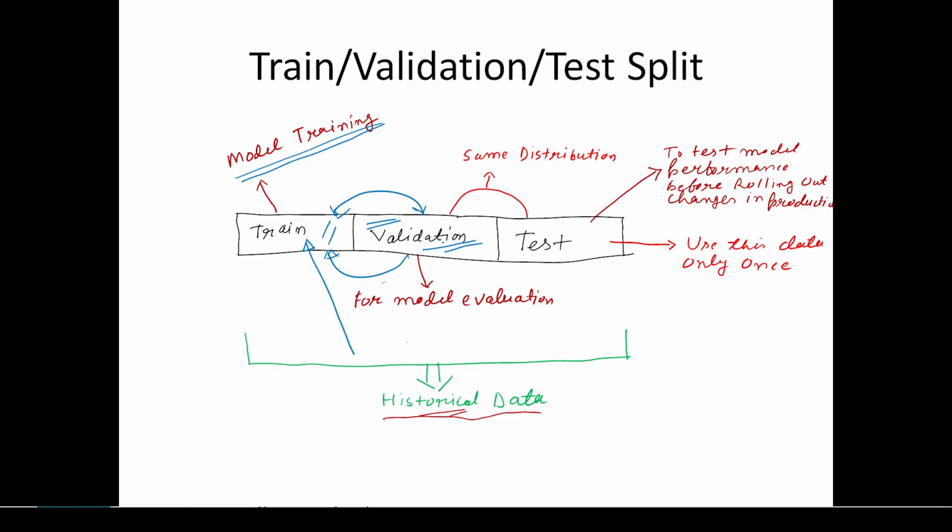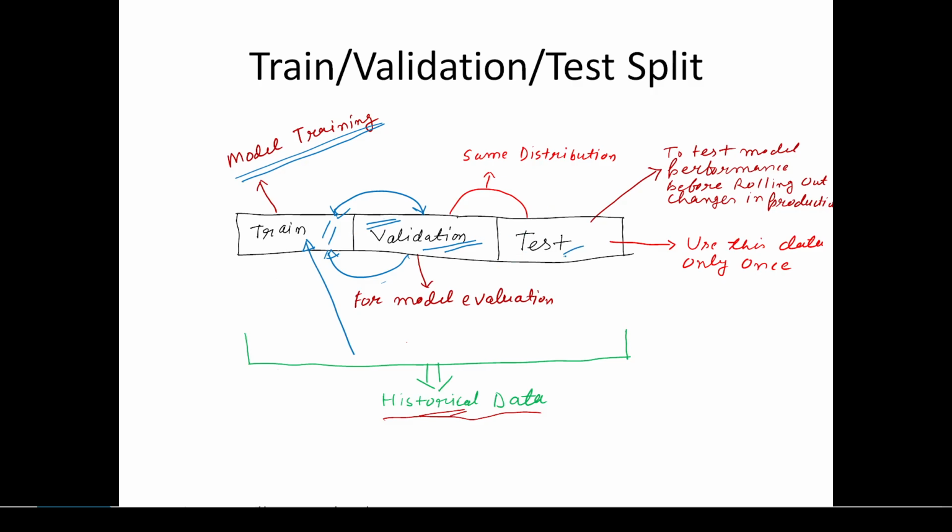You'll find something is not correct, you'll again go to training. So this loop would continue, right? So that's the purpose of validation data. So you can evaluate how my model training is behaving, right?